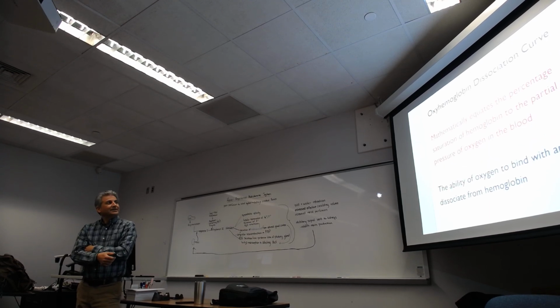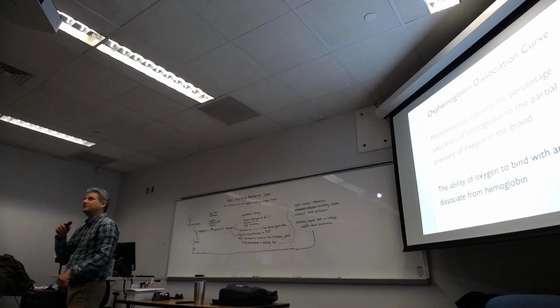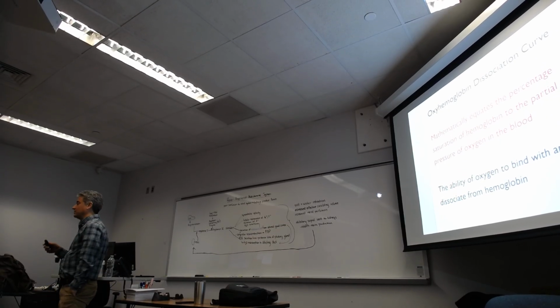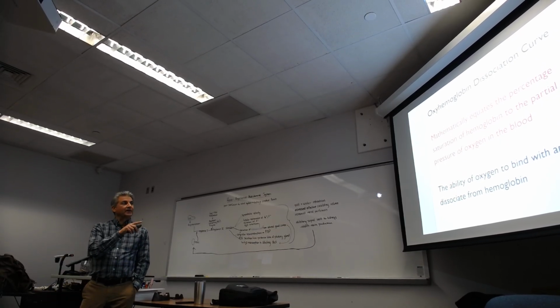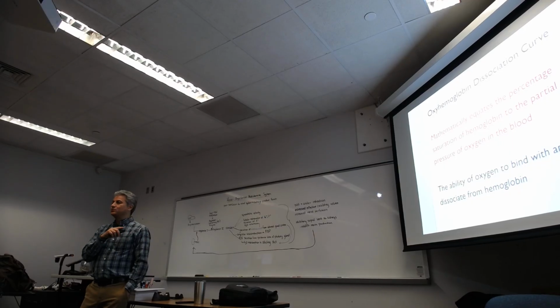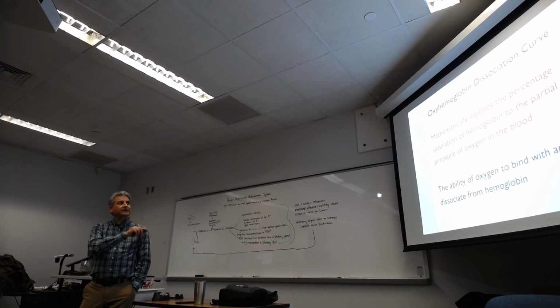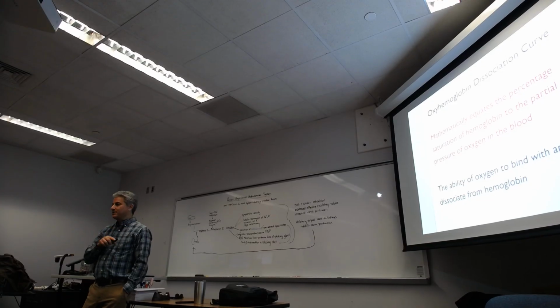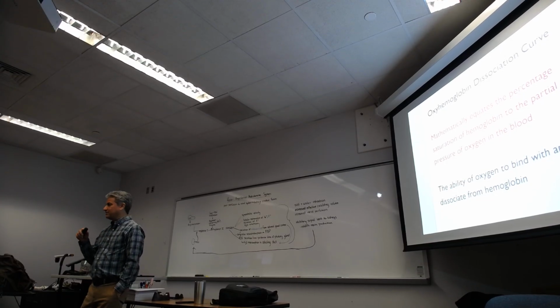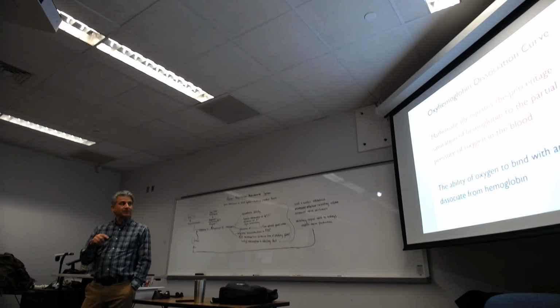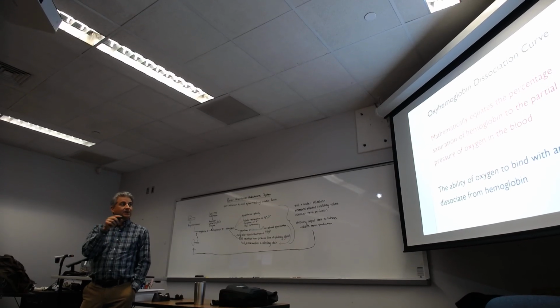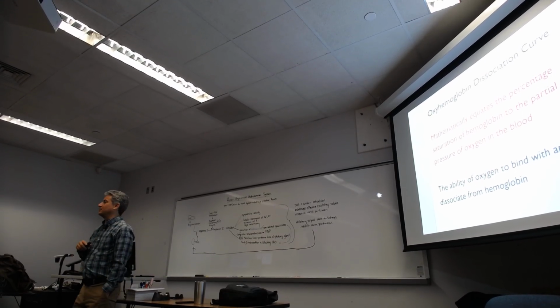All right. So when we talk about this oxyhemoglobin dissociation curve, this stuff in red is the answer. This is what it is. This is the percentage of saturation of hemoglobin based on the partial pressure of oxygen in the blood.